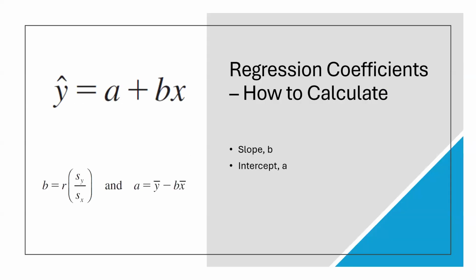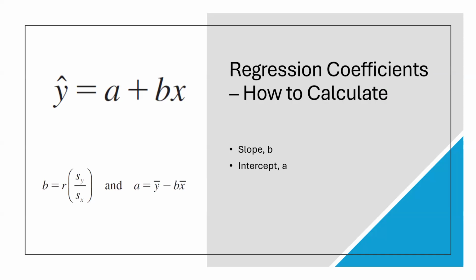So to calculate the slope B of the regression line, we use the formula that B is equal to the correlation coefficient times the standard deviation of Y divided by the standard deviation of X. This tells us that the slope depends on both the strength of the relationship R and the ratio of the variable standard deviations.